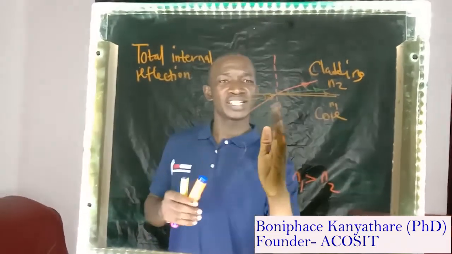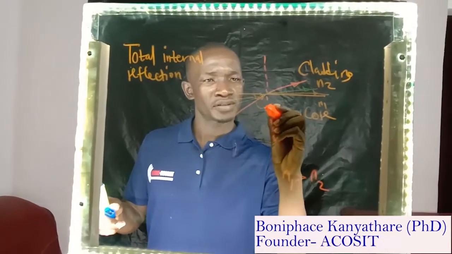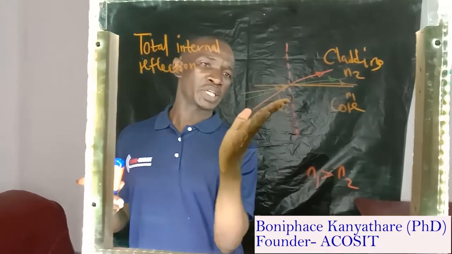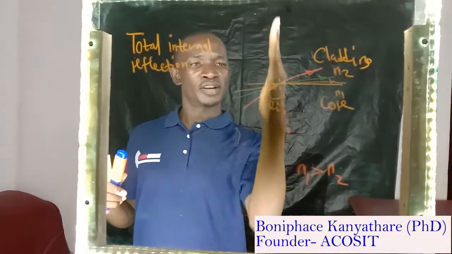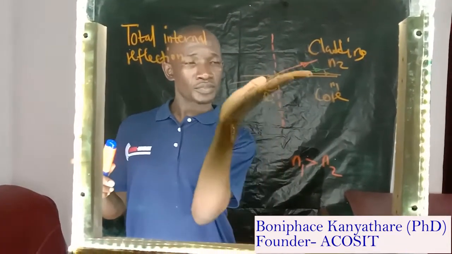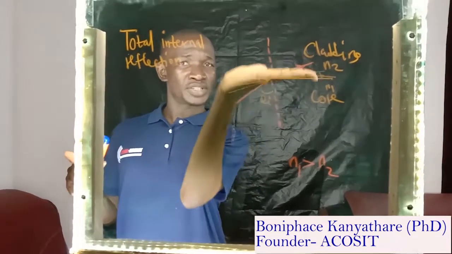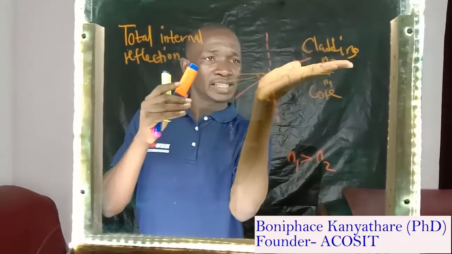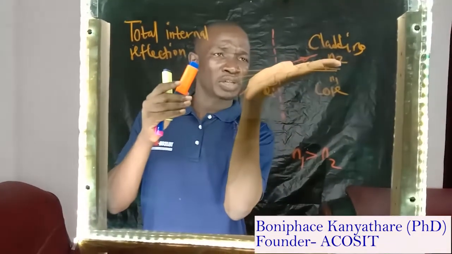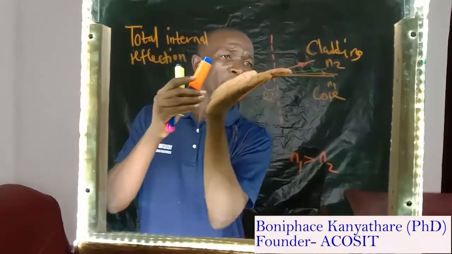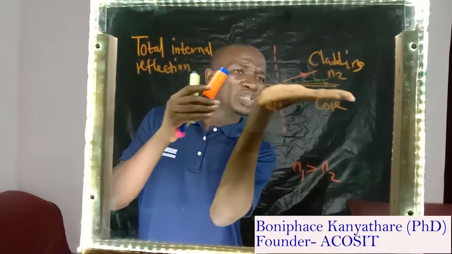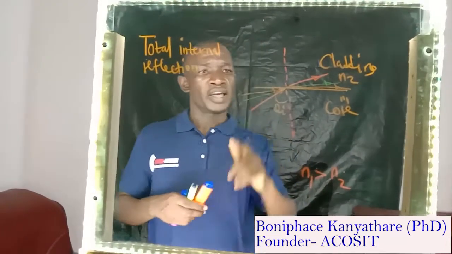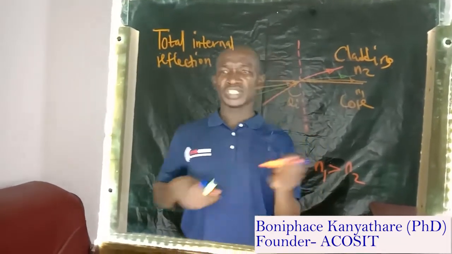So as we increase the incident angle of our ray from the normal, our refracted ray keeps coming closer and closer to the interface. There is an angle that is known as critical angle.